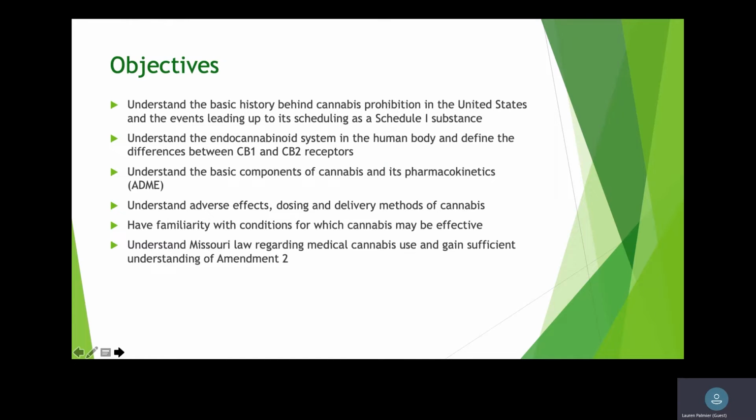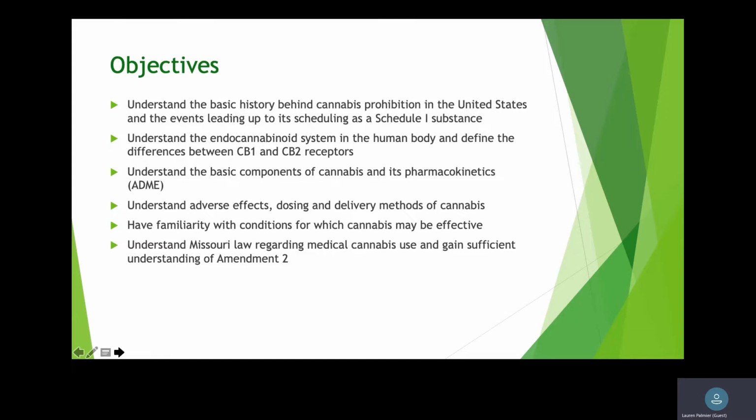The objective for today's presentation is for you to understand the basic history behind cannabis prohibition in the United States and the events leading up to its scheduling as a Schedule I substance. I hope for you to understand the endocannabinoid system in the human body and define the differences between a CB1 and a CB2 receptor.